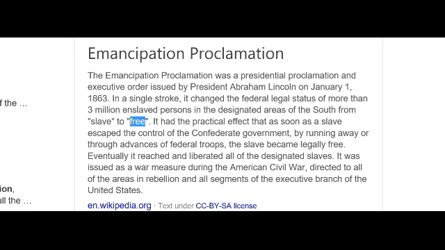Now, the southern states were extremely upset that this presidential proclamation, an executive order, was issued to change the status of their free labor.